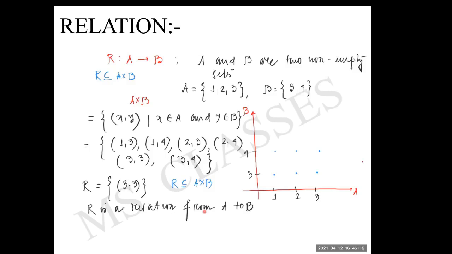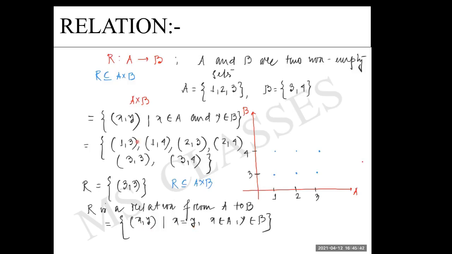Now the next question is how we have collected this element. See how we have collected: (x, y) such that x equals y, x belongs to A, y belongs to B. That is how we have collected, children. We take those ordered pairs (x, y) such that first element equals second element.